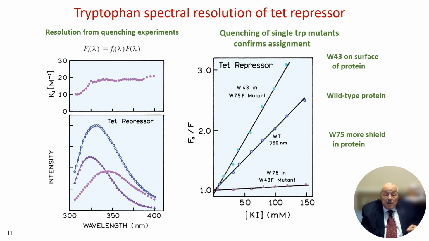This is the wild type, and this is the mutant protein that only has the buried tryptophan, which has a small amount of quenching. The mutant protein with the exposed tryptophan has a lot of quenching, and the wild type protein is in between. So the quenching resolution worked for this particular case.